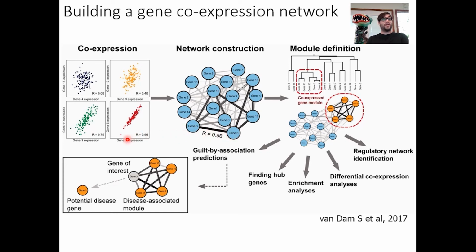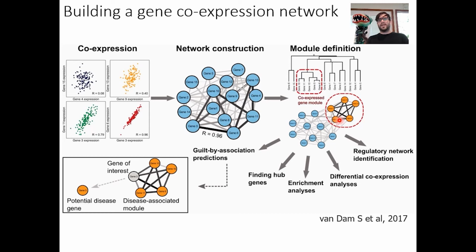Again, gene 3 and gene 6 have this linear relationship where if gene 3 is expressed highly in one sample, gene 6 is also highly expressed in that sample. Then we can create what are referred to as modules based on hierarchical clustering or another algorithm. We might say that these genes tend to have similar co-expression, so they would be grouped together. We could identify this as a module of all these genes being expressed together.